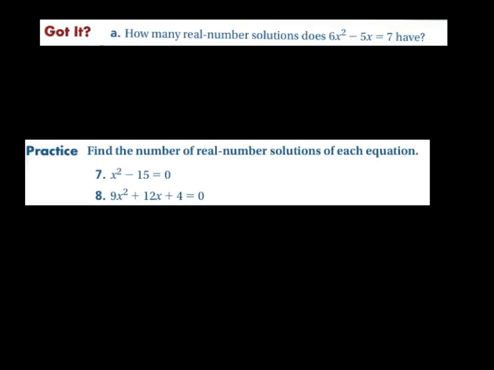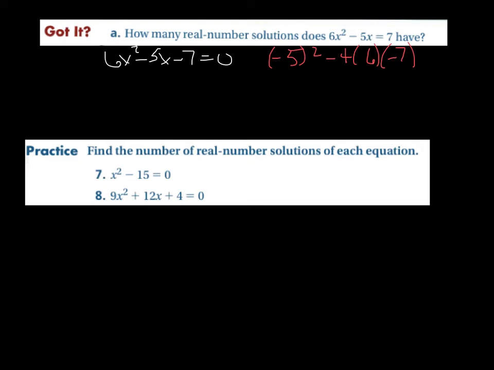So try the got it problem. How many real number solutions does 6x squared minus 5x equals 7 have? Again, we need to put that in standard form: 6x squared minus 5x minus 7 equals 0. So when I do my discriminant, I'm going to have b squared, so negative 5 squared, minus 4 times a times c.